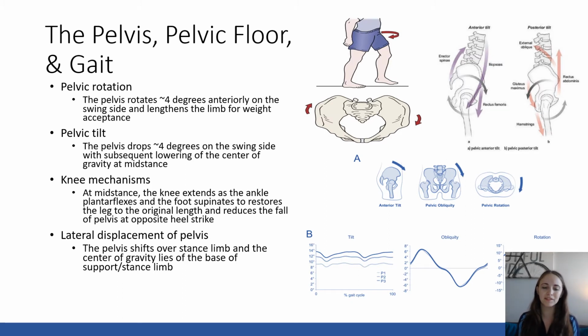We just don't really have a good baseline understanding of why pelvic floor is doing what it's doing during gait. And it's actually interesting, there were some studies that with the lateral displacement and with the rotation of the pelvis, we can actually see some asymmetries in pelvic floor muscle activity, which can lead to pelvic floor dysfunction and urinary incontinence, which is interesting.